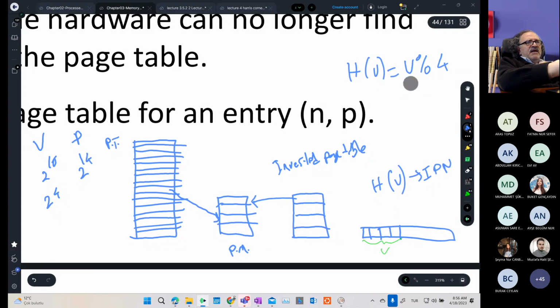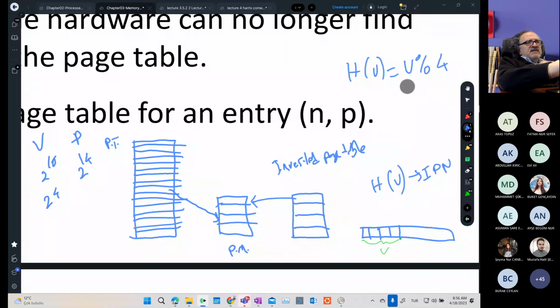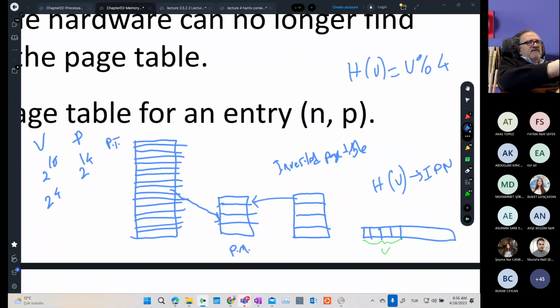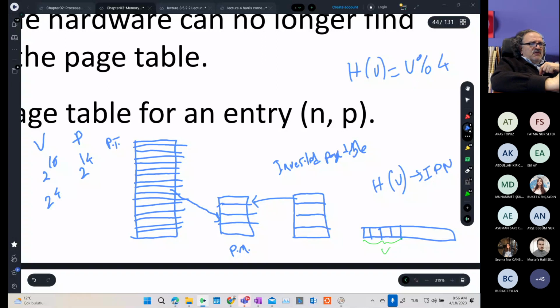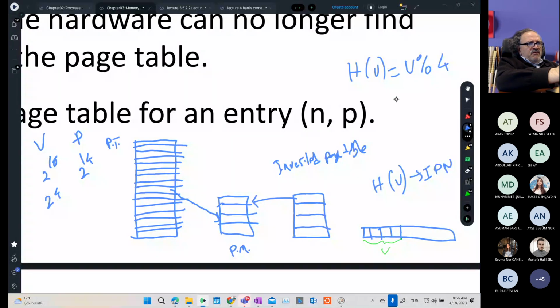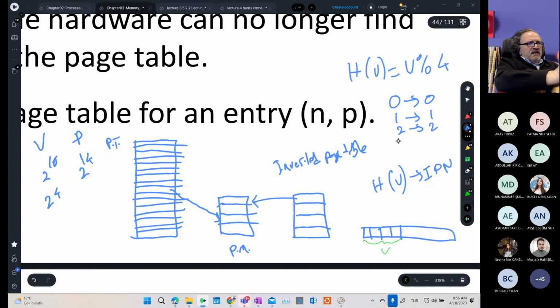Remember, V could be at most 16, but we are going to start from 0. 0 modulo 4 is 0, so 0 will be mapped to 0. 1 will be mapped to 1. 2 will be mapped to 2. 14 will be mapped to what?